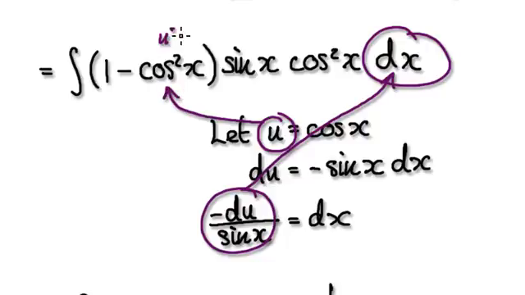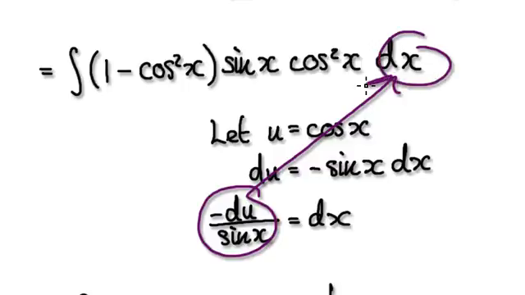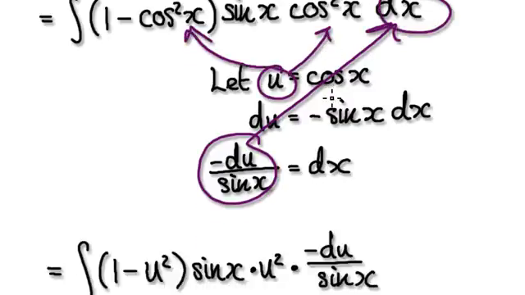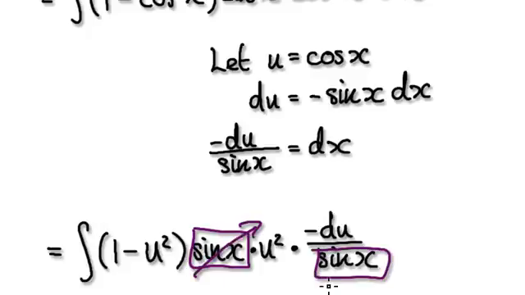So this here will become u squared. The good thing is that this sine of x will cancel out with this sine of x. So if you put the u into here and into here, it will then become this, and then this block here will cancel out with this block here.